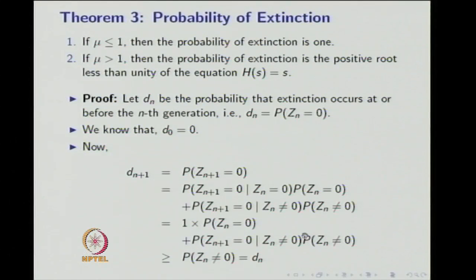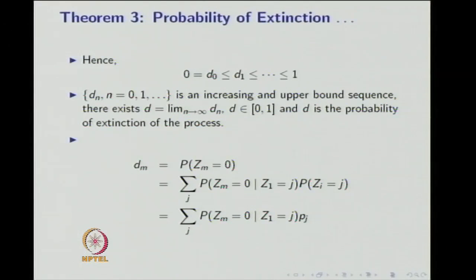Therefore, the whole result will be greater than or equal to the probability of Zn equal to 0. You know that the probability of Zn equal to 0 is nothing but dn. Therefore, dn plus 1 will be greater than or equal to dn. This is true for n equal to 1, 2 and so on.